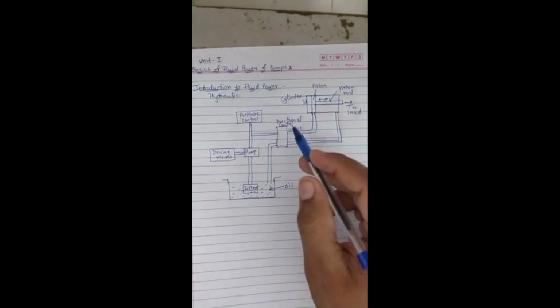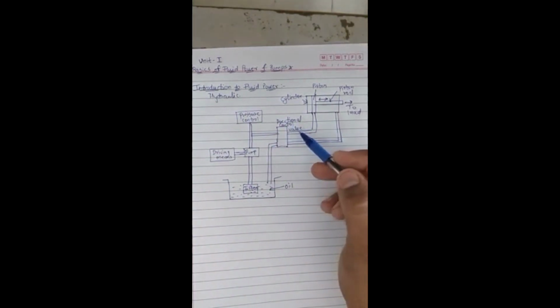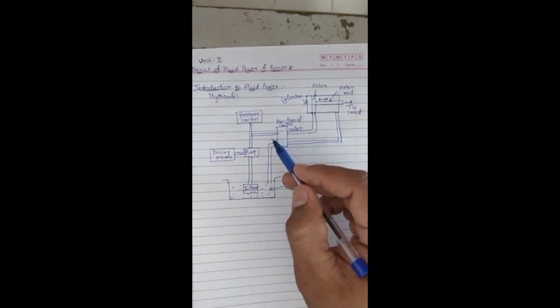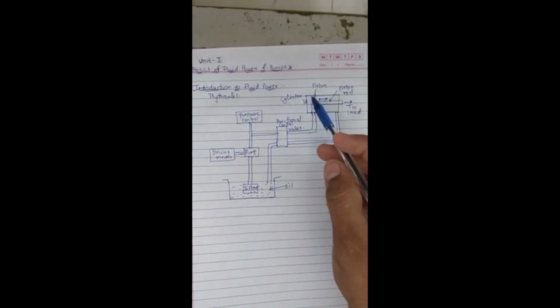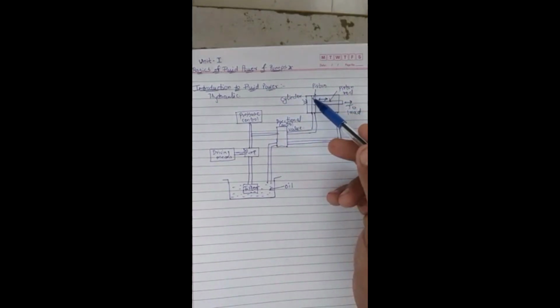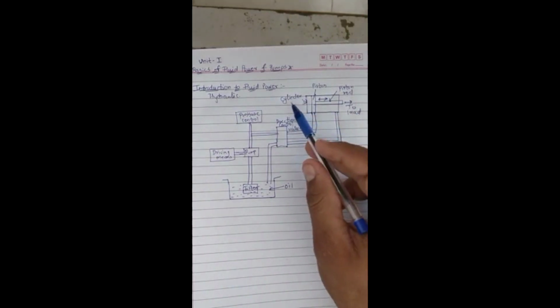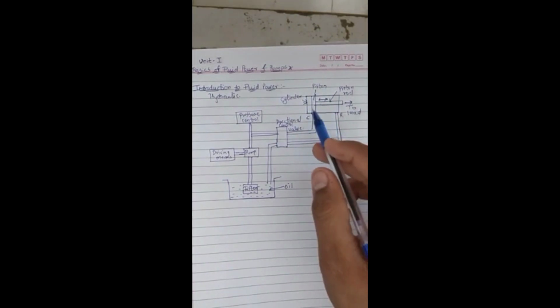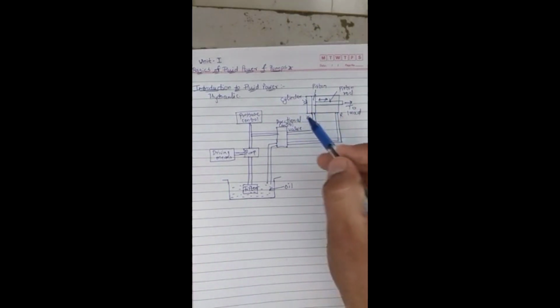Then there is a direction control valve. In the direction control valve, there is the direction of flow to the system or to the cylinder, double acting cylinder or single acting cylinder. Okay, then this flow goes to the cap end, and this is the rod end, or we can say the side of the piston.